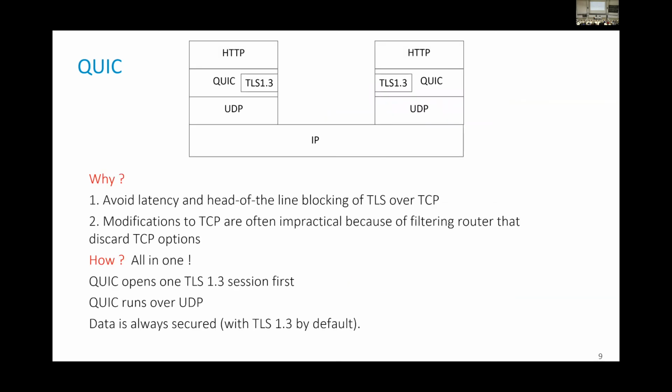QUIC will try to avoid the problem by doing things the other way around. QUIC will open the QUIC connection, which is a replacement for TCP connection, at the same time as it does the security handshake, which makes a lot of sense.